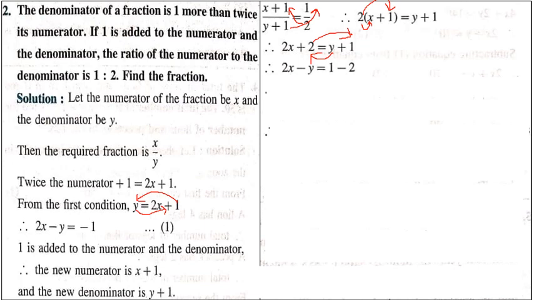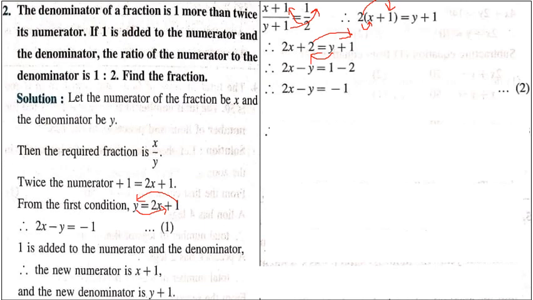Plus 1 minus 2, opposite sign we always subtract and place the greater number's sign, that is minus 1. So 2x minus y is equal to minus 1 will be equation number 2. So now we have equation 1 and 2, which is almost the same. 2x minus y is equal to minus 1.